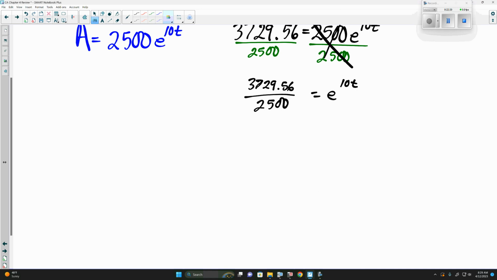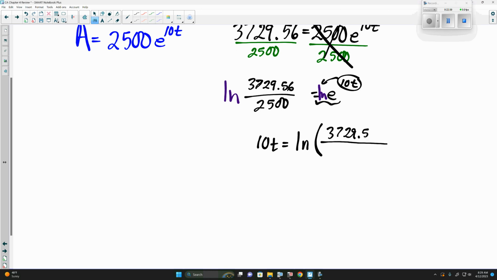The next thing we need to do is to simplify e, so we'll take ln of both sides. The 10t will come to the front, and ln of e is 1. So it's telling us that 10t is equal to the natural log of $3,729.56 over 2,500.